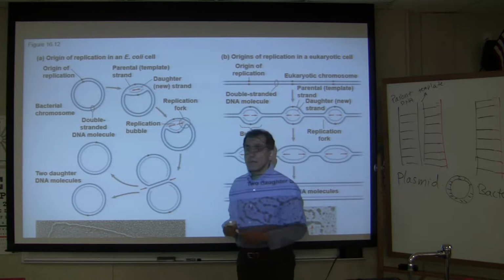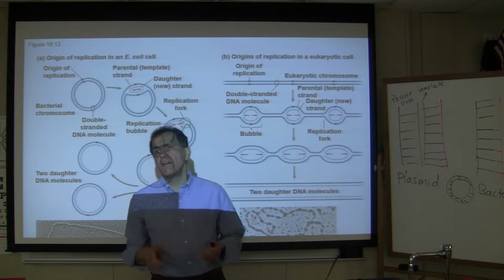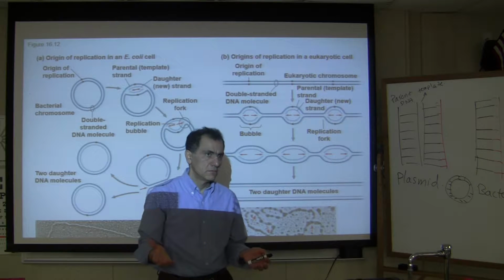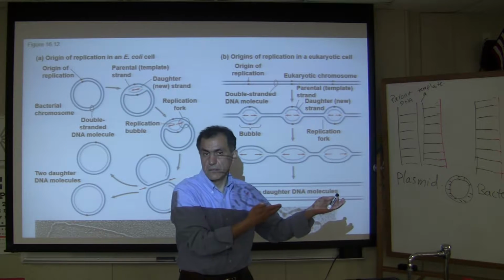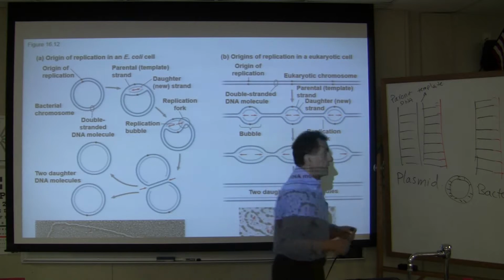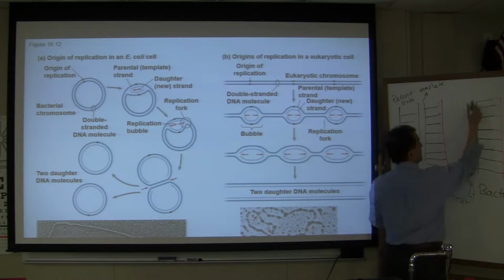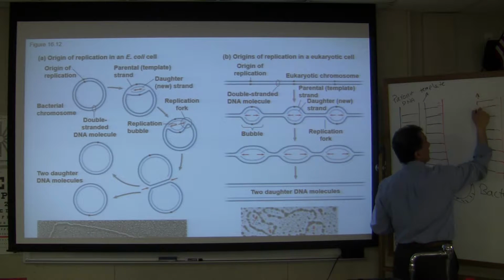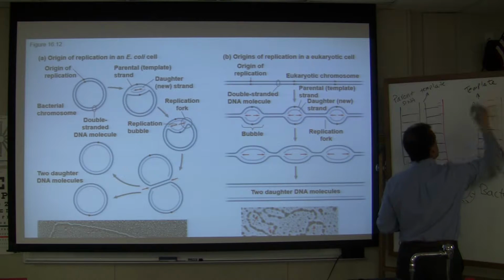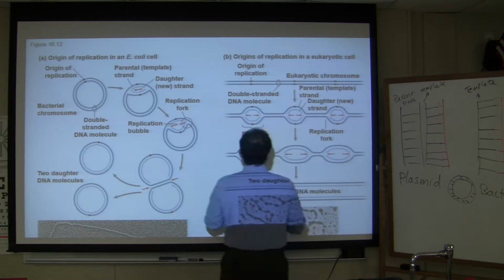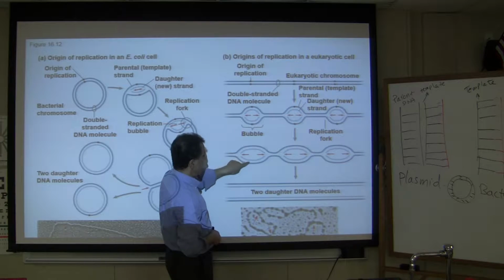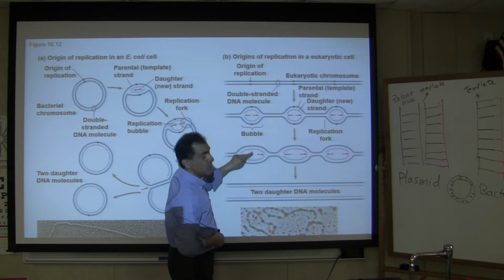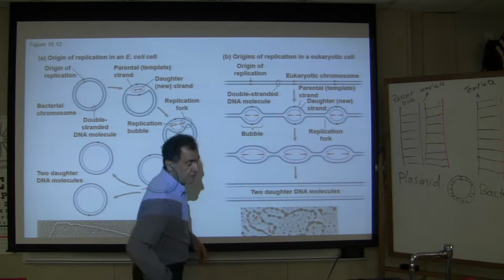During exam, you ask me, Amir, what is template? I say, I don't know, I forgot. Because I already talked about it. Am I making sense? So this one is the template also on this one. So you have a template and a new DNA. New DNA is being formed.